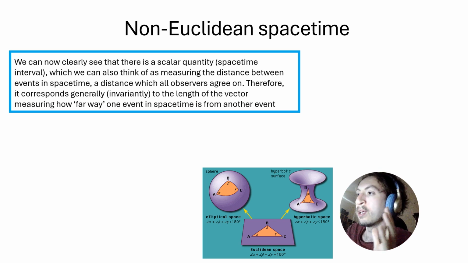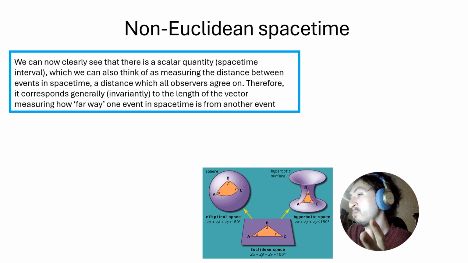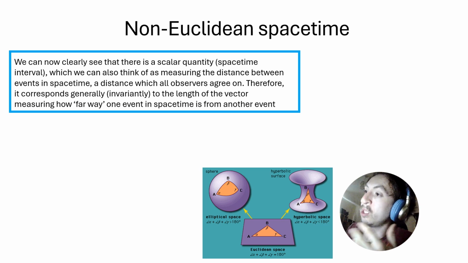So, as we've said before, all observers agree on the space-time interval. The space-time interval clearly is some measure of distance, and it's to do with measuring distances between events, so things that happen at a particular point in time and a particular location in space.